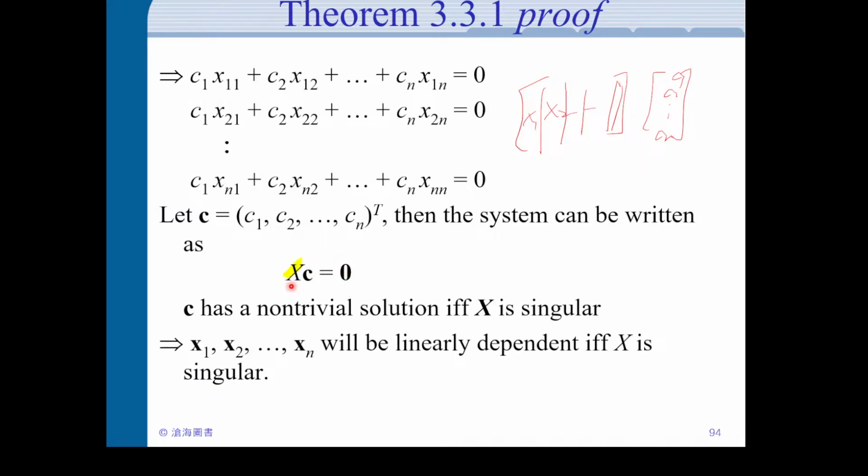We want C to have a non-trivial solution, and we know that happens if and only if X is singular. This is from chapter 2 and theorem 1.5.2. So we know that x1 to xn are linearly dependent if and only if X is singular.